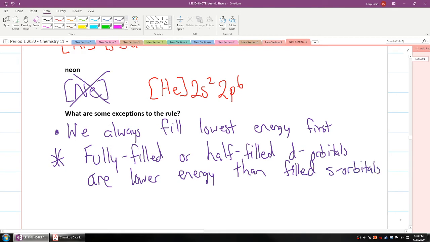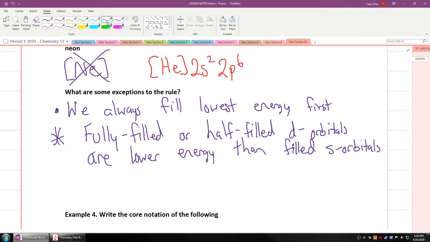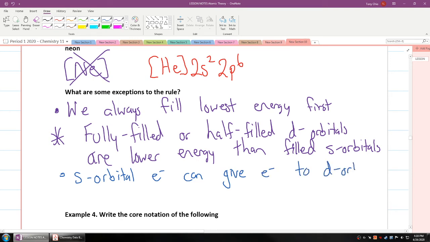So what does that mean? It means that s orbitals can transfer their electrons to d orbitals. So s orbital electrons can give electrons to d orbitals to make them full or half-filled.